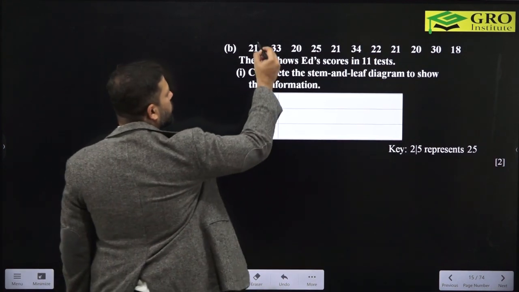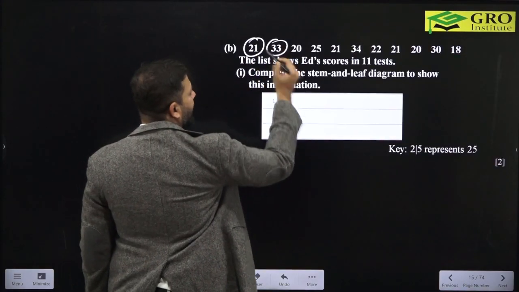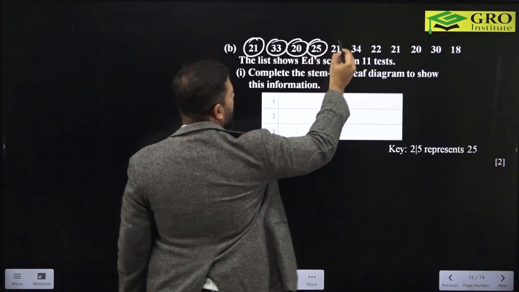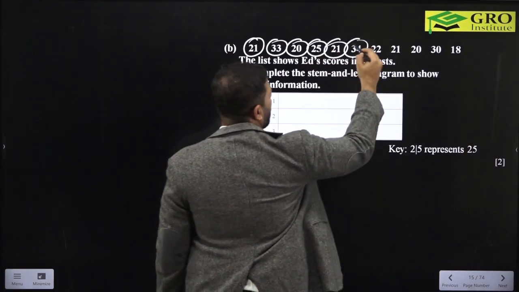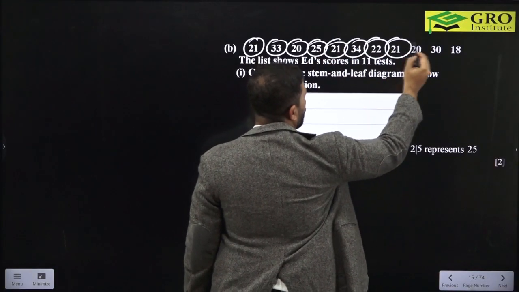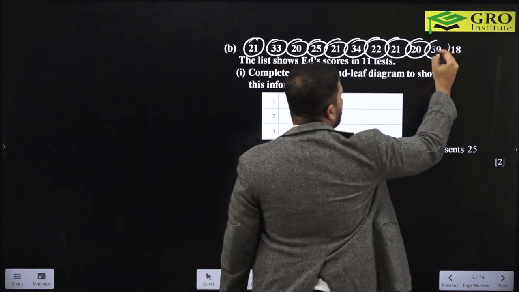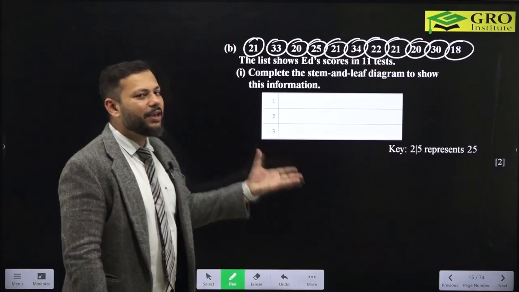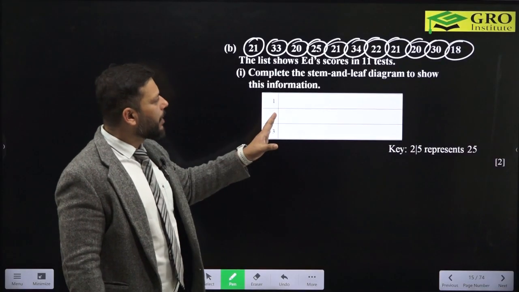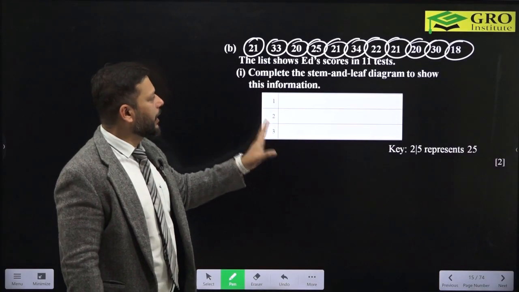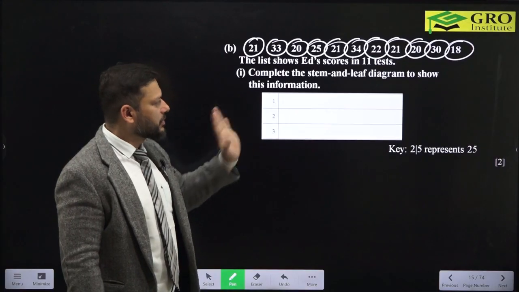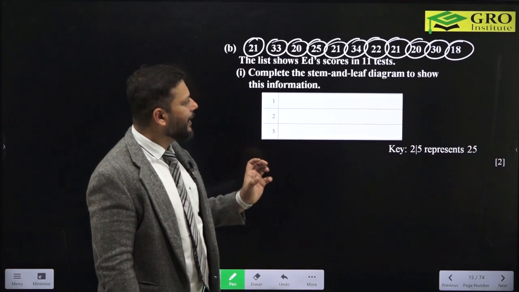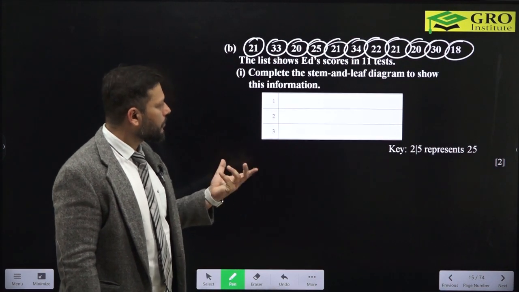These are the scores scored by Ed in 11 tests: 21, 33, 20, 25, 21, 34, 22, 21, 20, 30, 18. What do we analyze over here? The maximum marks scored ever by Ed in these 11 tests is 34 if I am not wrong, and the least marks scored by Ed is 20, isn't it?